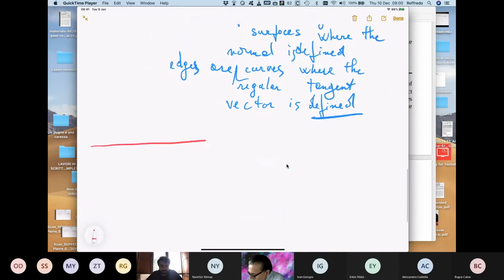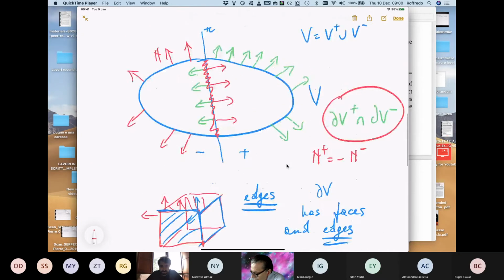So let us consider in this volume, which has been split in two, the vector field W. So these are normals, and now inside the volume, we introduce W. This is N minus, and this is N plus.